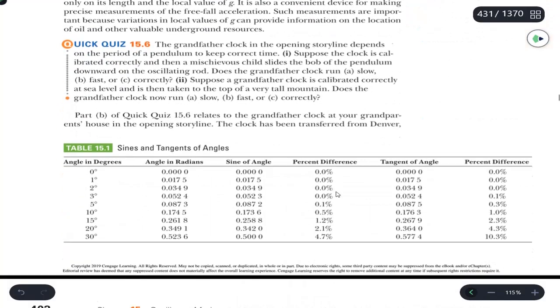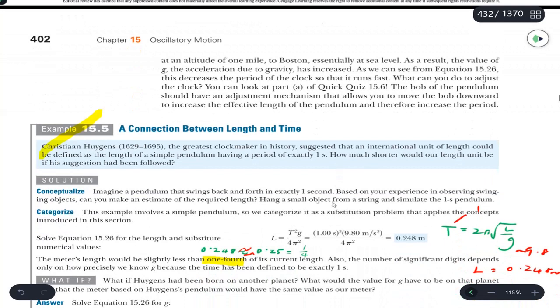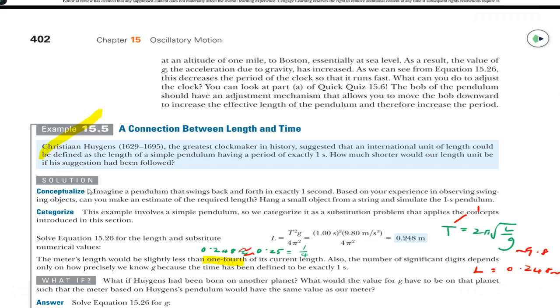Now let's look at this example, 15.5, a connection between length and time. In this example, we are about to learn the whole idea of a clock, and we would like to make an adjustment to the length of the pendulum used to make the clock. By the way, in this question there is an approximation.